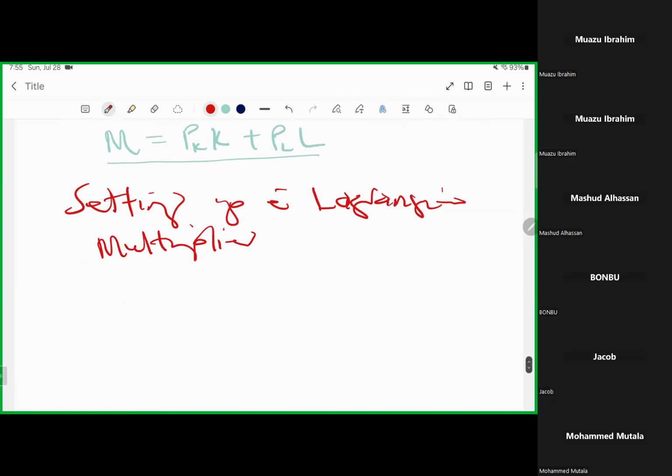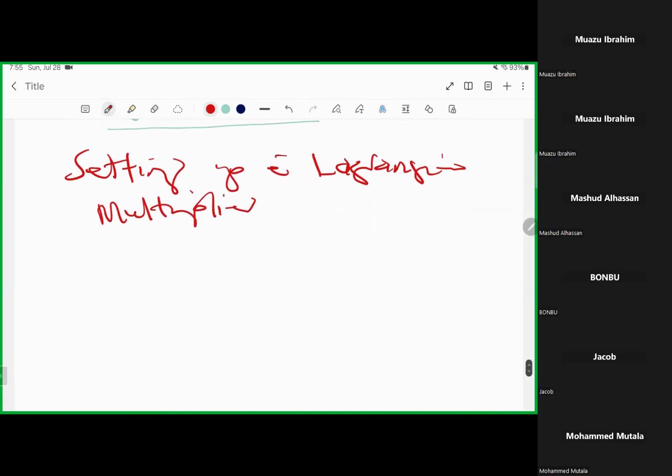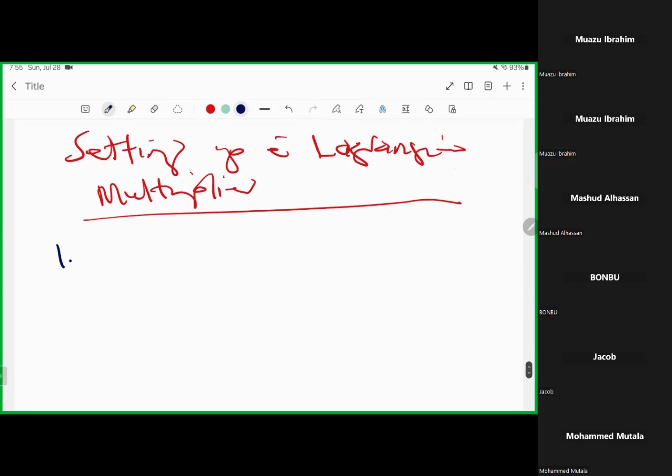Okay. So to set up the Lagrangian multiplier, or to solve this, it involves just three steps. Now, the first step involves the setting up of the Lagrange function.